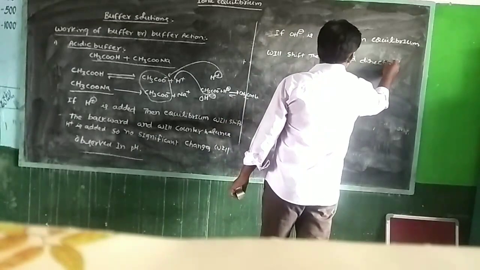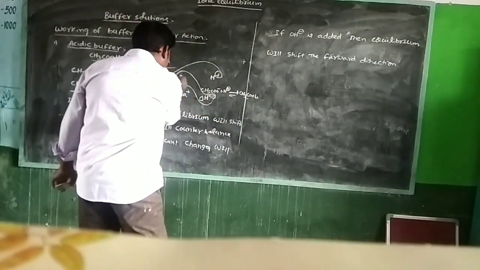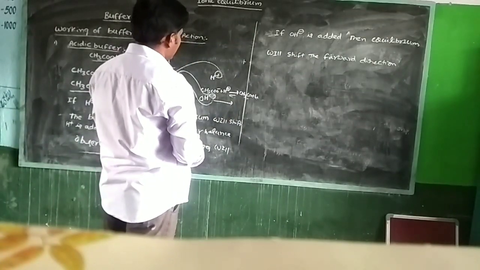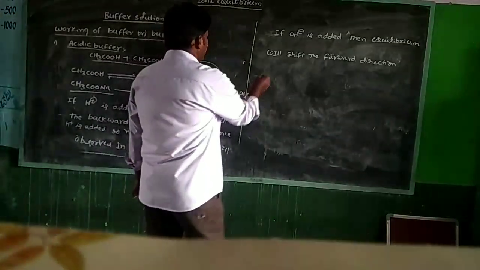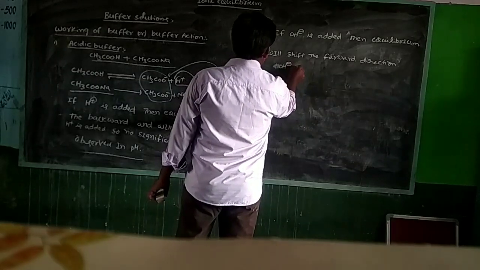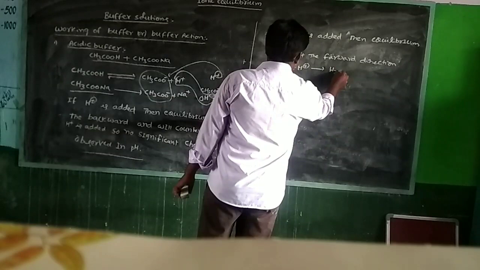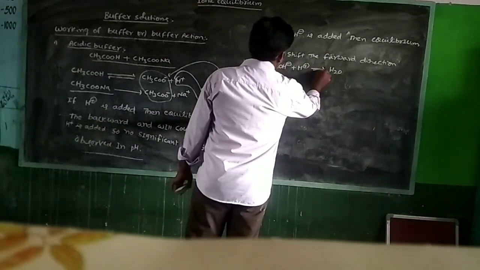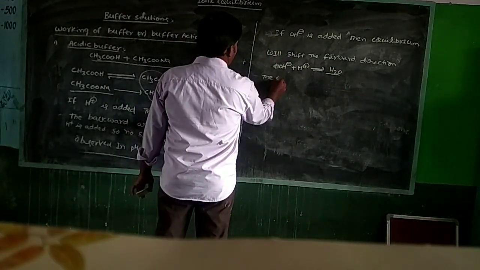Reason: the OH minus ions combine with H plus to give the undissociated water molecule. OH minus plus H plus means what? H2O molecule, undissociated water molecule.